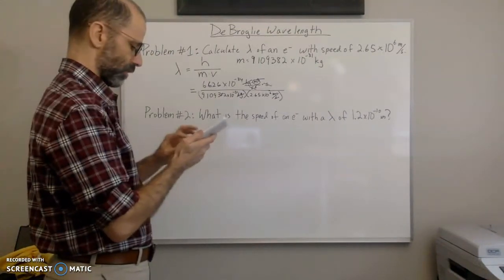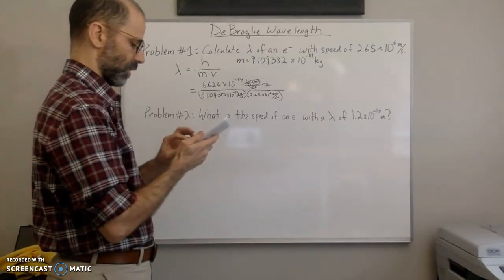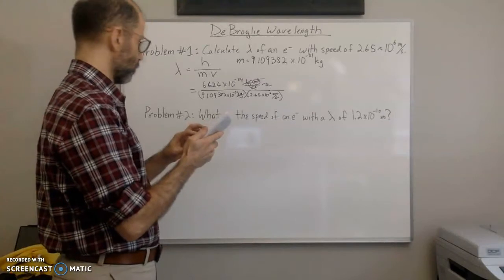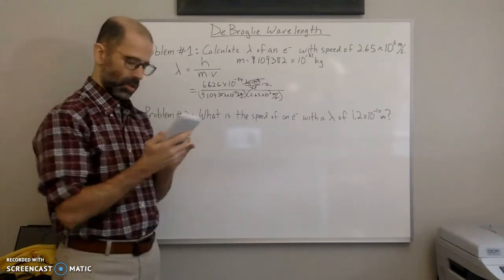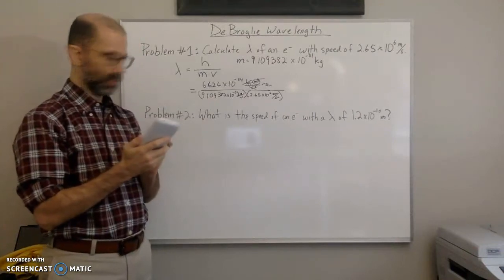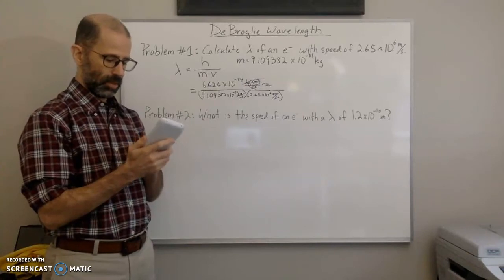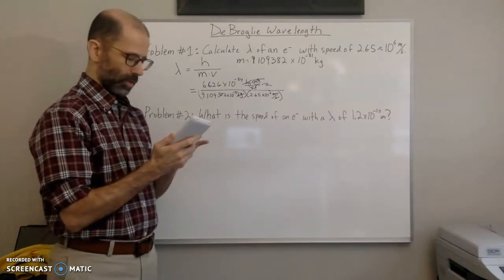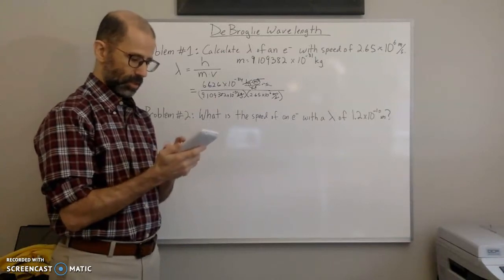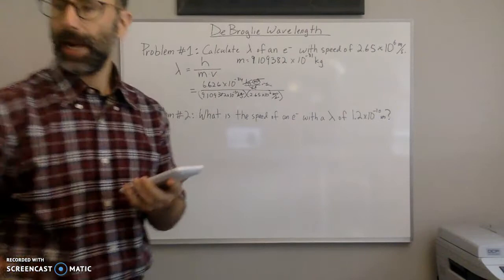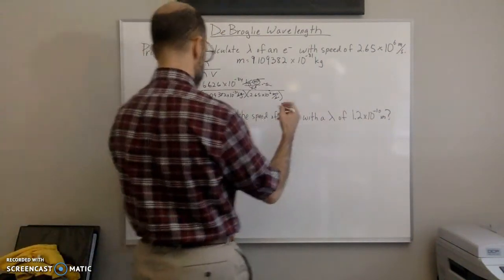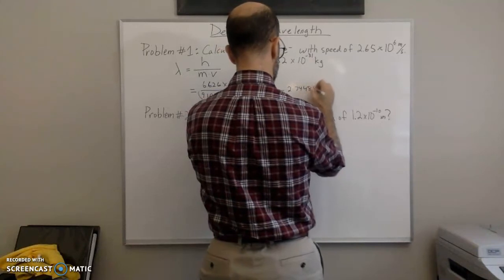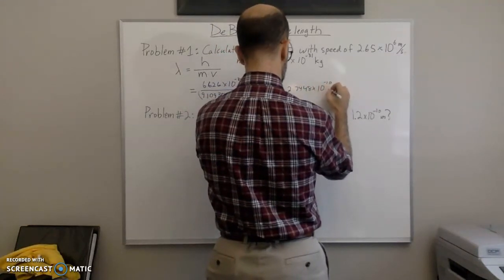So 6.626 times 10 to the negative 34 divided by 9.109382 times 10 to the negative 31 divided by 2.65 times 10 to the 6 equals, and I get a wavelength of 2.7448 times 10 to the negative 10 meters.